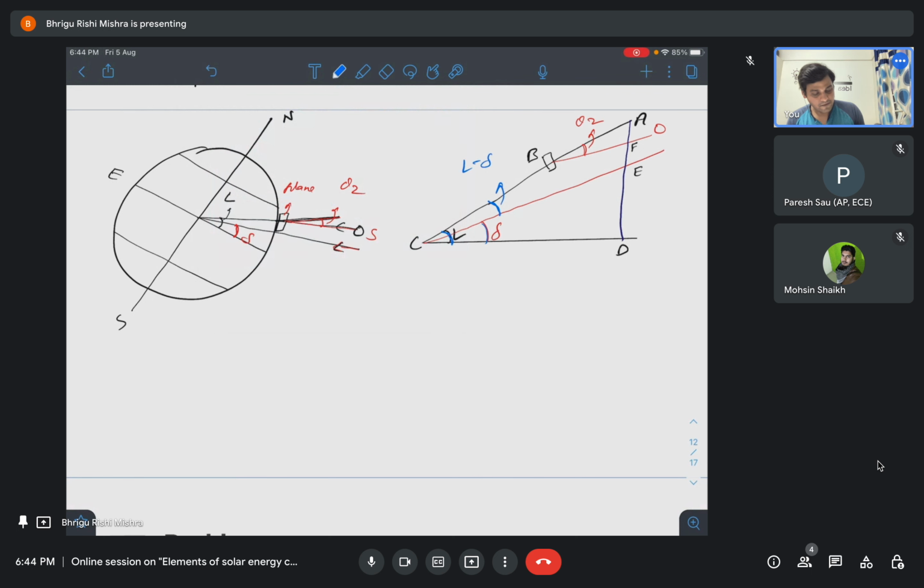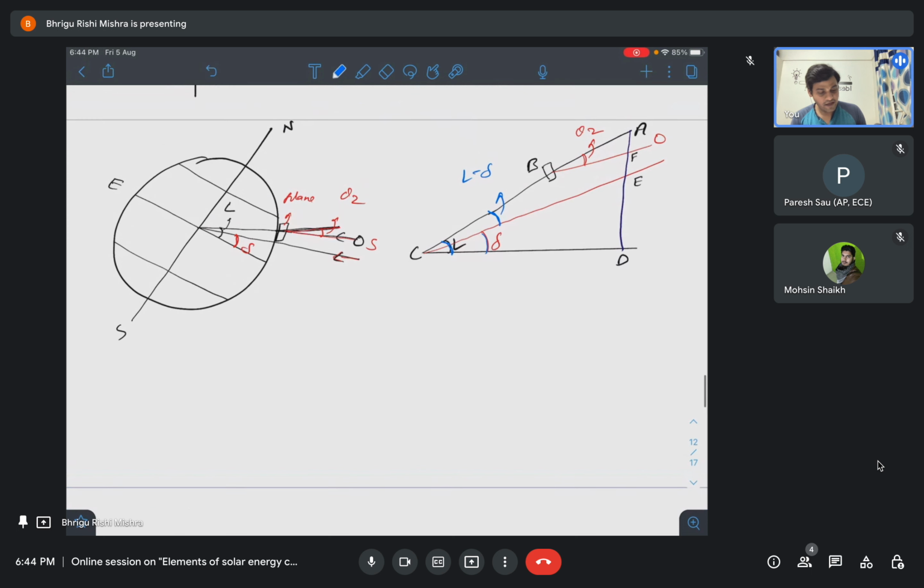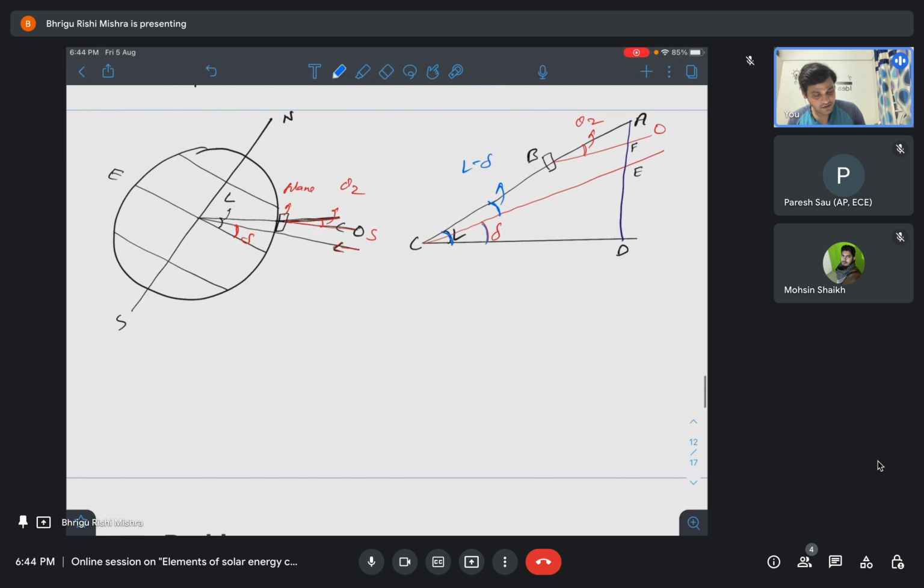Okay, if I pick the two triangles like this, A, F, B, this is more of a geometrical thing to draw. The relation between these three can also be derived from a formula, but that we will study later.